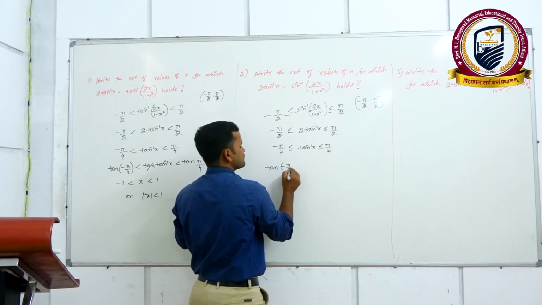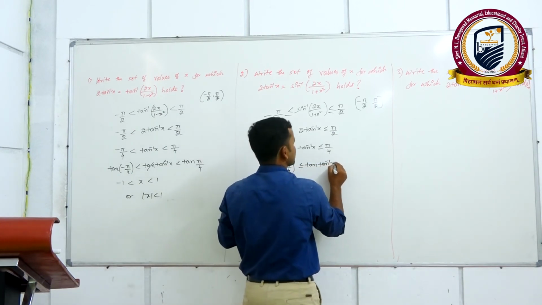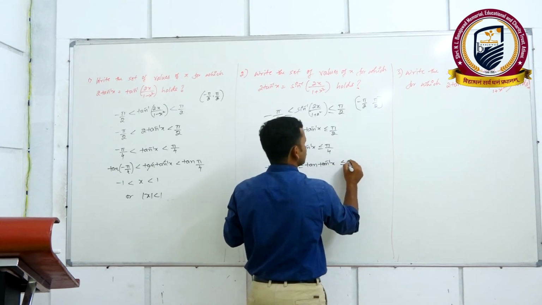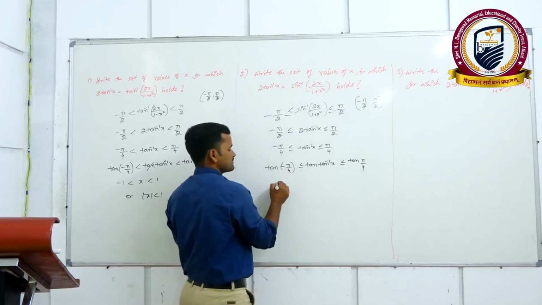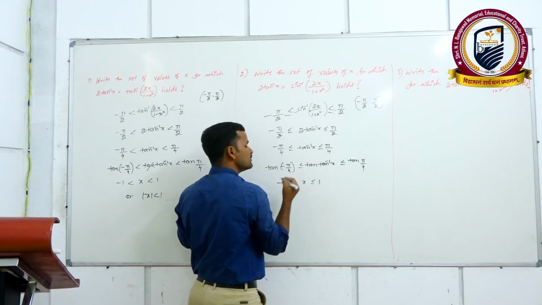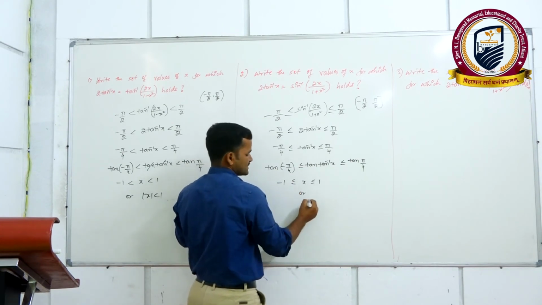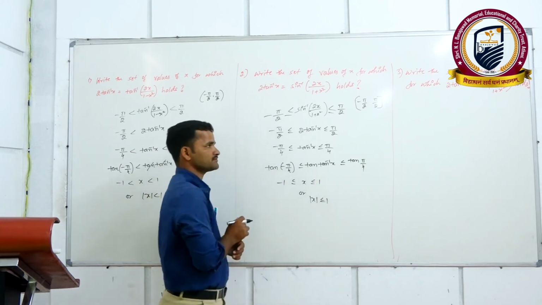Tan of minus pi by 4 less than or equal to tan of tan inverse of x less than or equal to tan of pi by 4. Tan of minus pi by 4 is minus 1, less than or equal to x less than or equal to 1. Less than or equal to is there. This can also be written as modulus of x less than or equal to 1.